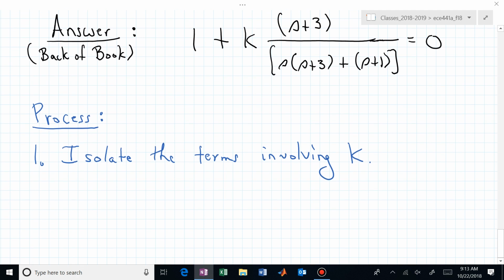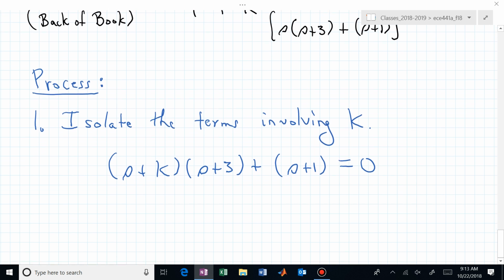Our delta expression started with s times s plus 3 plus k times s plus 3 plus s plus 1 equaling 0. That's what we began with. That's our characteristic equation. We want to now isolate the terms involving k.